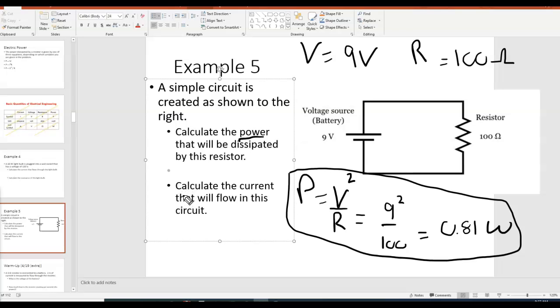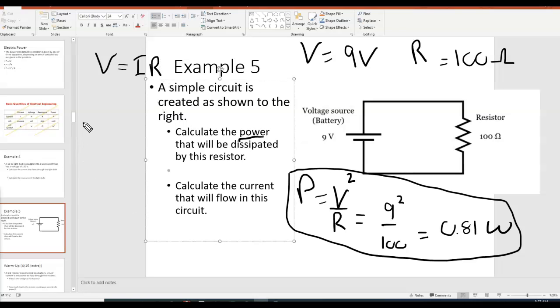Now the second question says calculate the current that will flow in the circuit. So again, we have a two-step problem. Now that we have power, I can use any equation I want to find the current. I'm just going to go back to V equals IR, my Ohm's law equation, just because I think that might be easier.